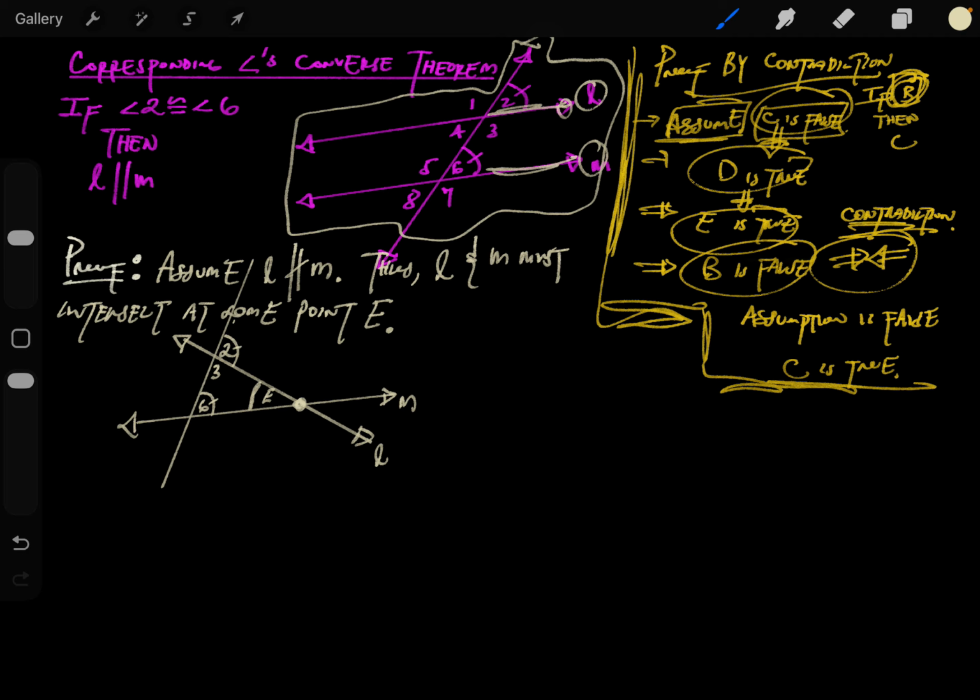Okay, now since L and M intersect at some point E, you have triangle, whatever you want to call it, ABE. Triangle ABE is formed.